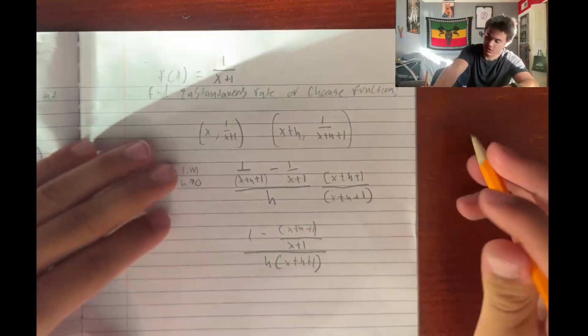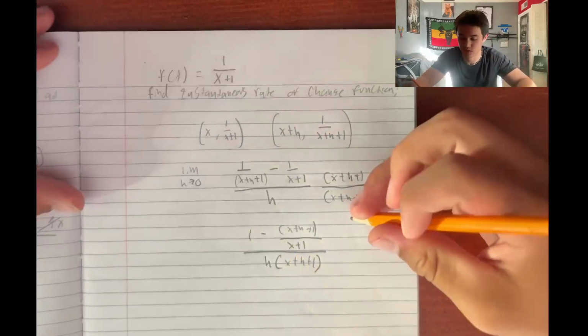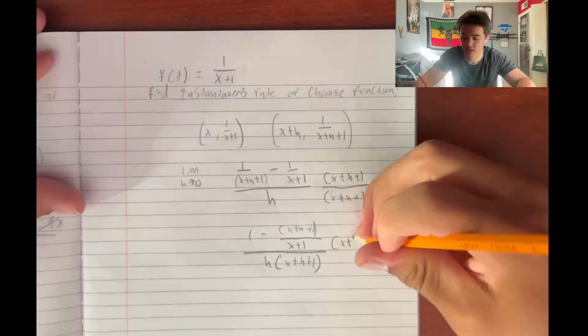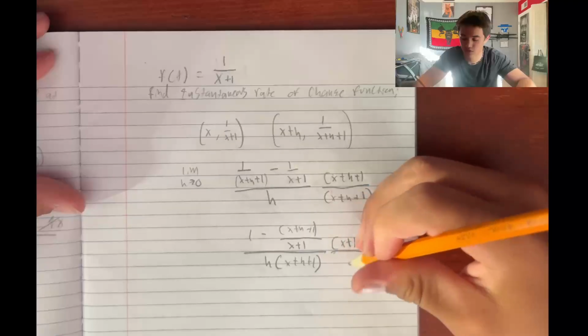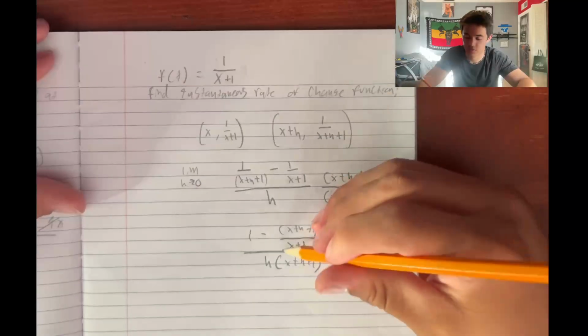Alright, so now you have to clear the other denominator, which is x plus 1. You're going to do the same thing. Multiply by x plus 1 over x plus 1. Those are going to cancel out.